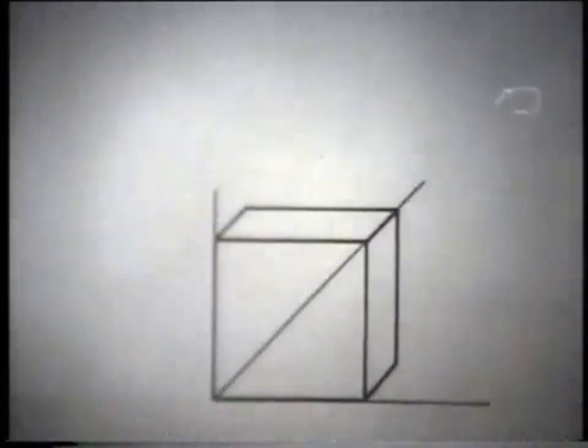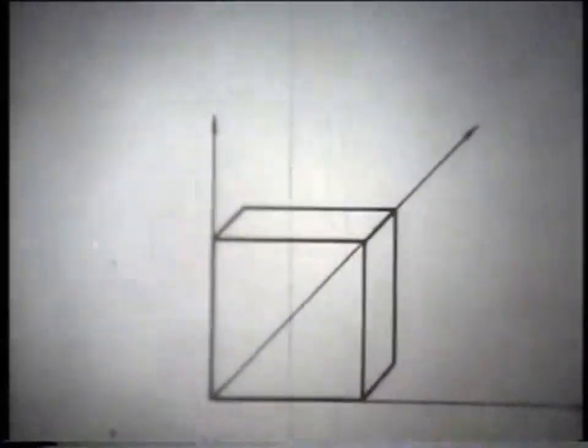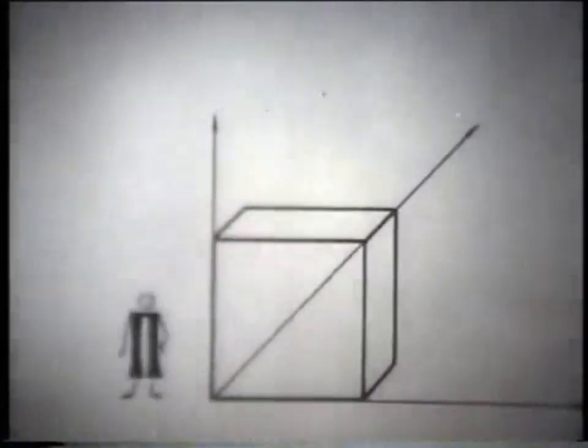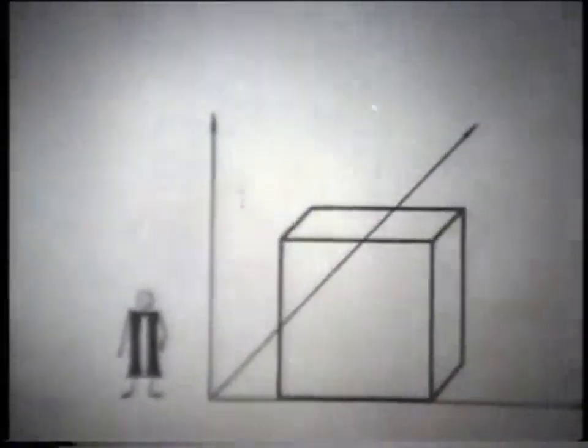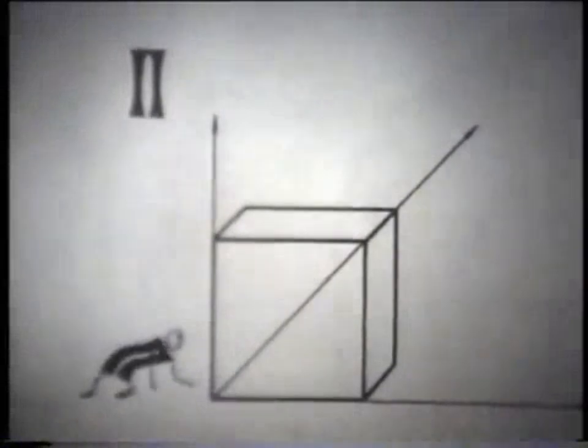A link moving freely in space can make 6 possible movements. This is the translational movement of the link along each of the coordinate axes and its rotation relative to the same axis.